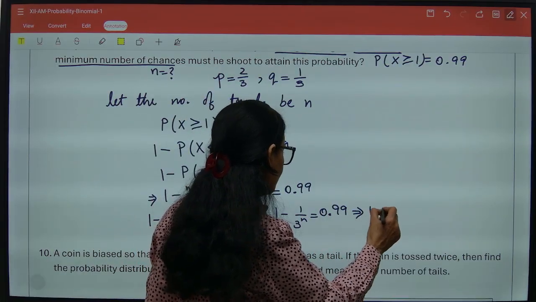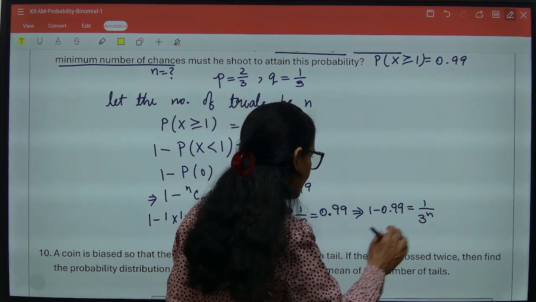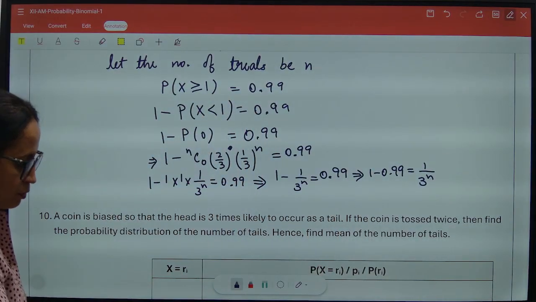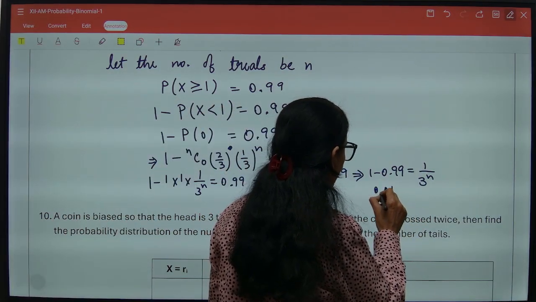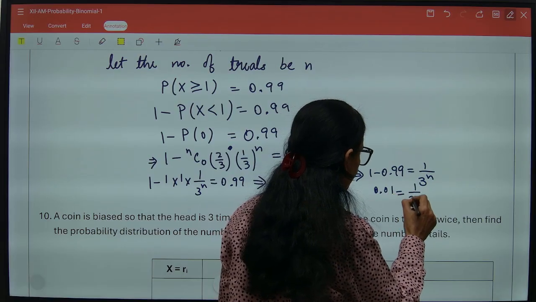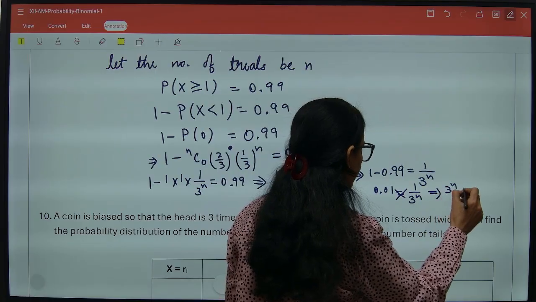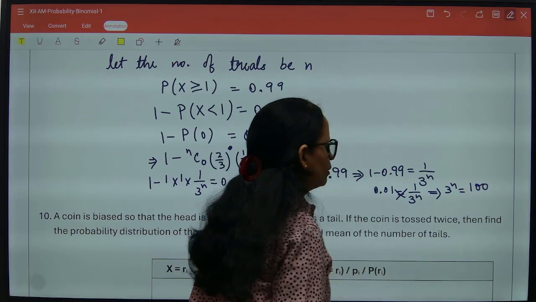So it becomes 1 minus 0.99 equals 1 upon 3 to the power n. 1 minus 0.99 is 0.01, so 0.01 equals (1 by 3) to the power n. Cross multiply: 3 to the power n equals 1 upon 0.01, that is 100.